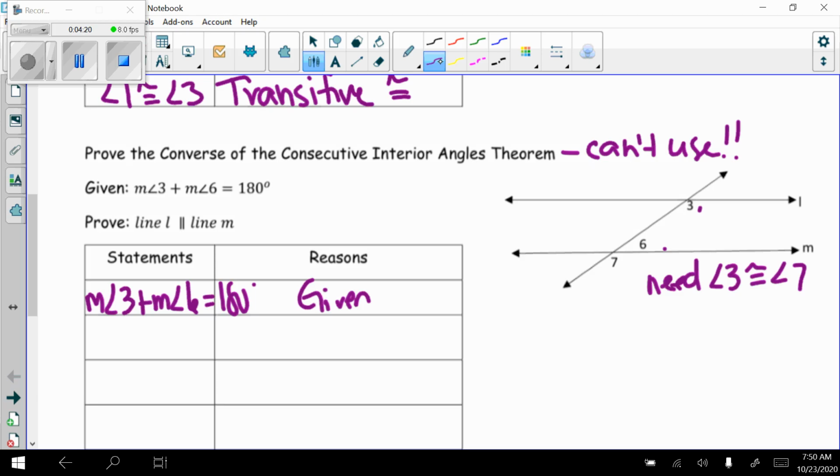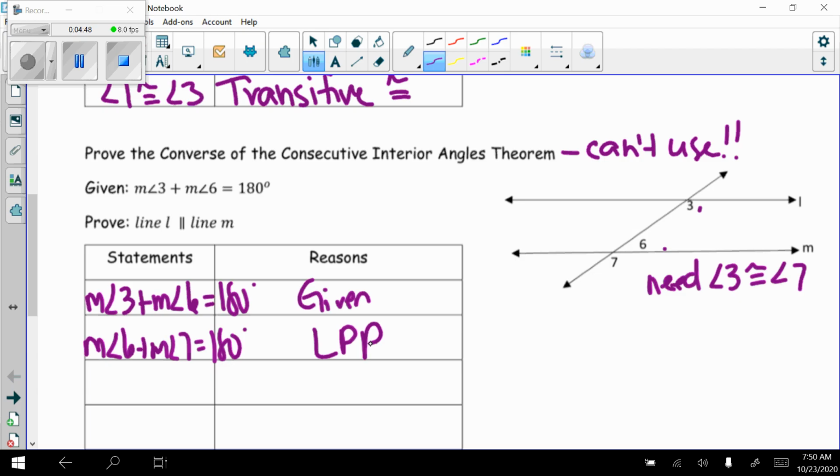I need to get angle 7 somehow in my proof. What do I know about 7 as it's related to anything that I have right now? I have 6 and 7, and I know that 6 and 7 are a linear pair, so they're supplementary. So I could say the measure of angle 6 plus the measure of angle 7 equals 180 degrees. My reason: linear pair postulate.